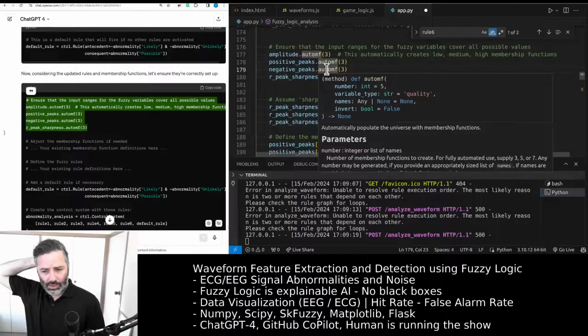Automatically populate the universe with membership functions. Number of membership functions to create the fully automated use supply 3, 5, or 7. Any number may be generated if you provide an appropriately sized list of names.